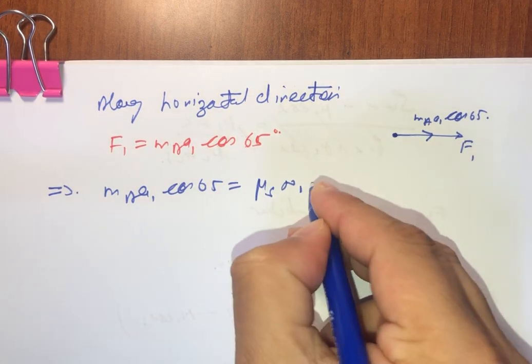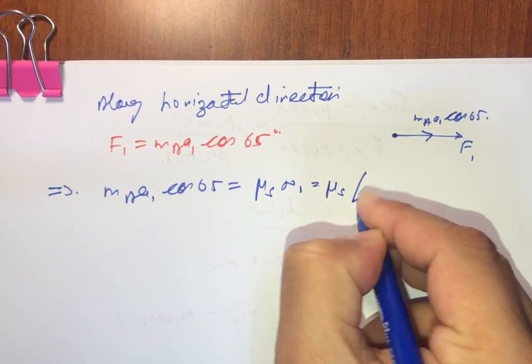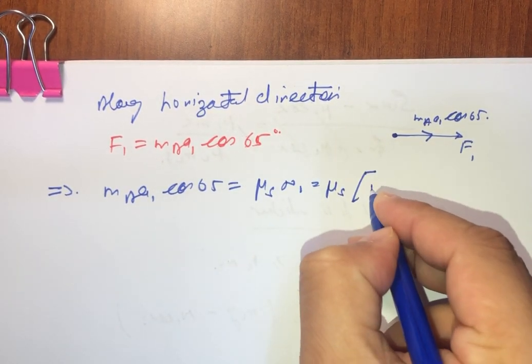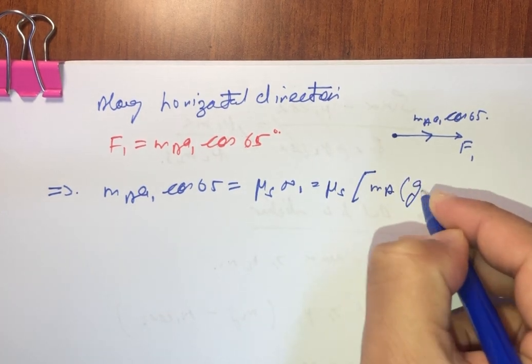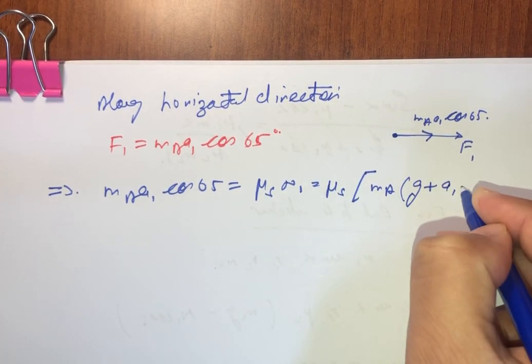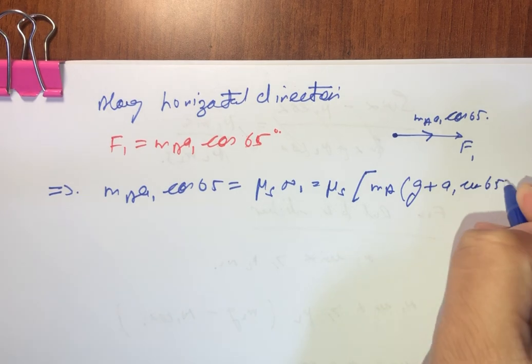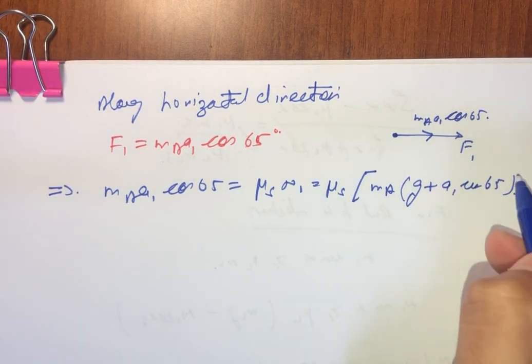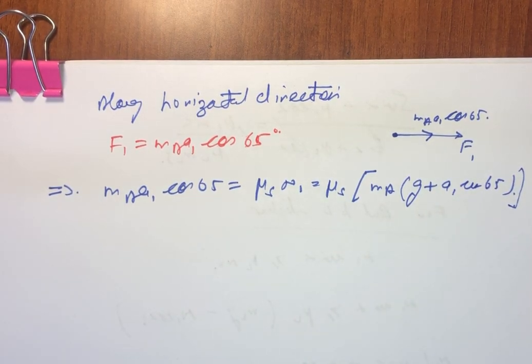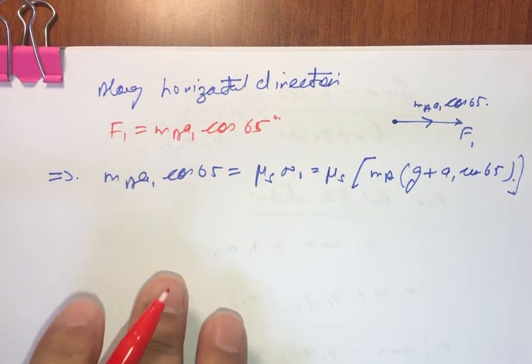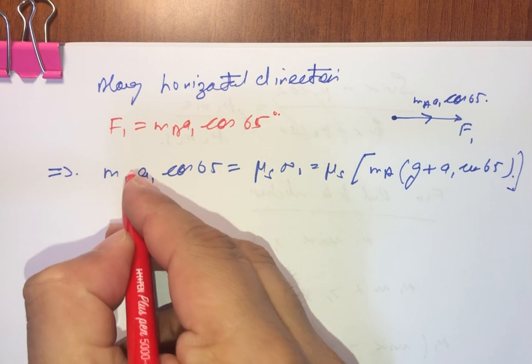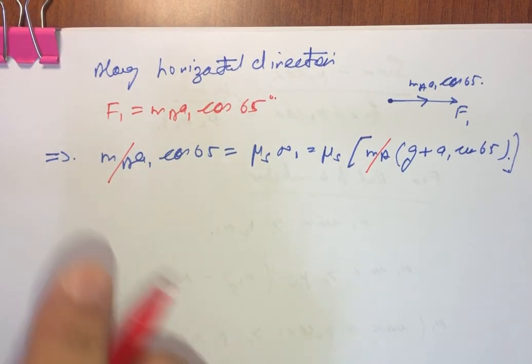We already know the value of N1, so we write mu s times M_A into g plus A1 sine of 65. So this M_A cancels out.